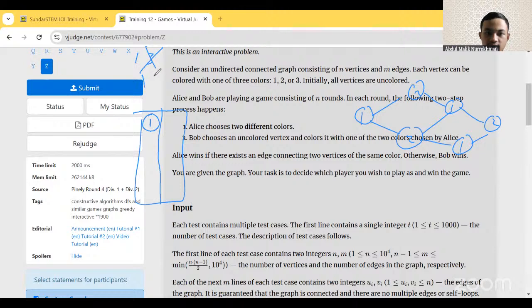Again, if Alice gives us 1 and 3 or 1 and 2, just color 1 here. But if Alice gives us 2 and 3, we will choose 2 and color a node from the second part. Just do that until one of the groups is already full, either 2 or 1.